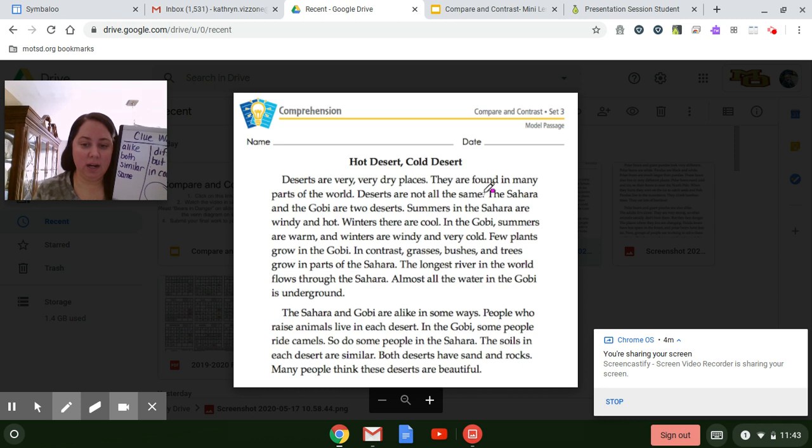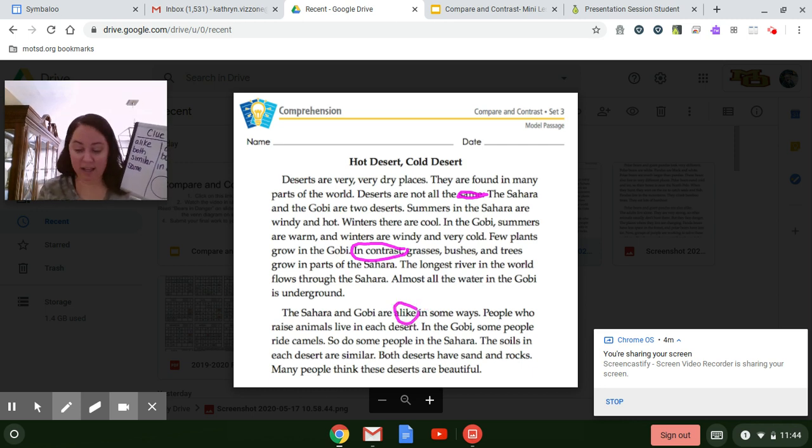So here we see this word same. And down here, I did see in contrast. So that's telling us something that is different. I see this one in the second paragraph, alike.